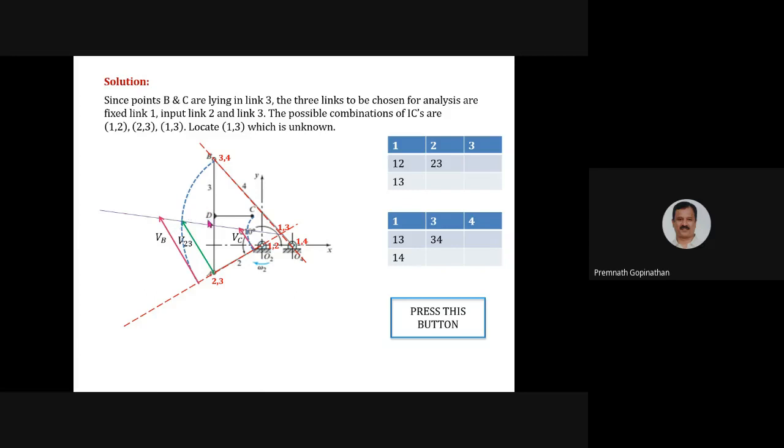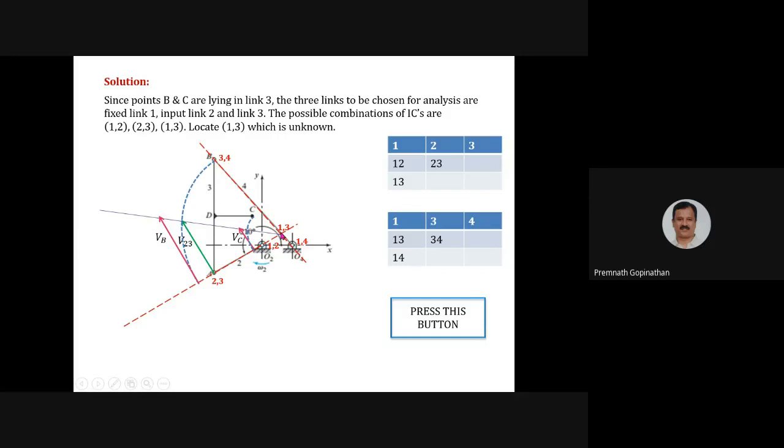Now, if you want to find the angular velocity of link 3, you can see point C is lying on link 3, point B is lying on link 3, and point 2, 3 is also lying on link 3. So you can consider any of these velocities and divide that velocity by the distance of that point from the fixed point of that link.